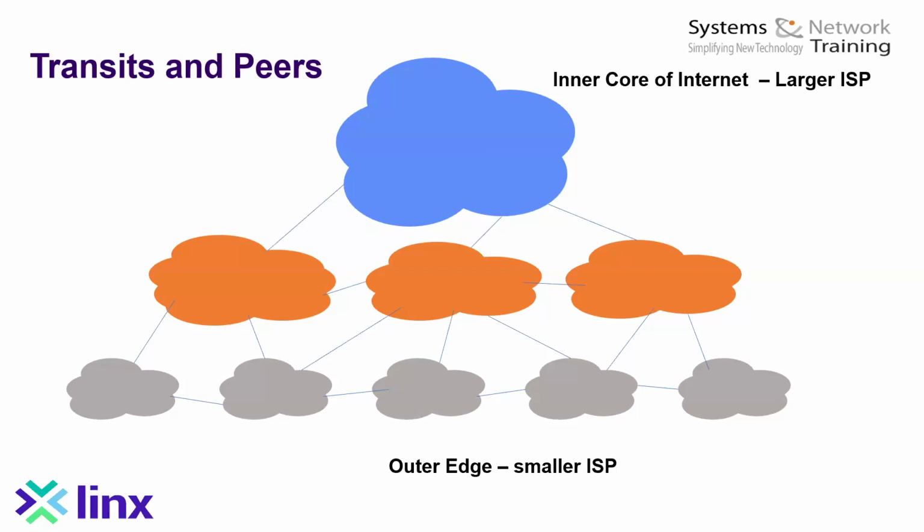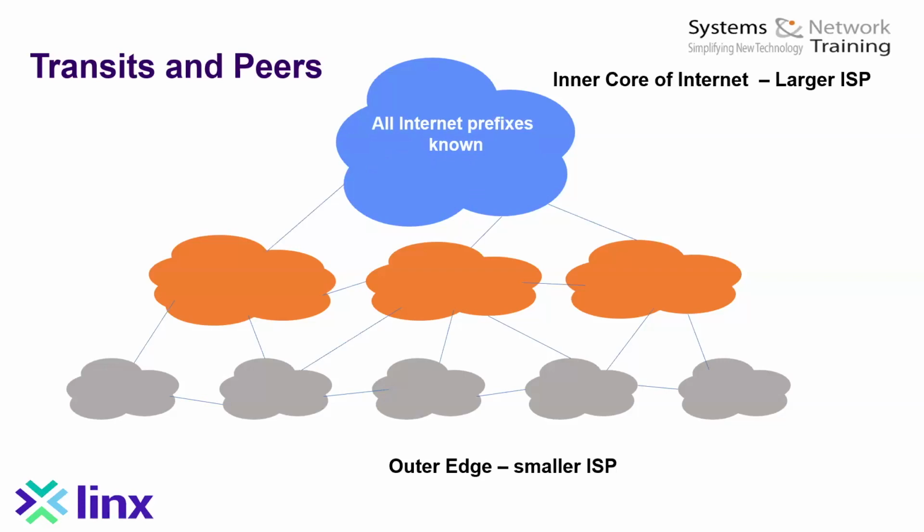Now, as I say, the closer that an ISP is to the inner core of the network, the more routes are known by the routers of that ISP. So ISPs, like this blue one up here, have access to all of the prefixes, all of the routes in the internet, that million-odd that we saw earlier, both IP version 4 and IP version 6.